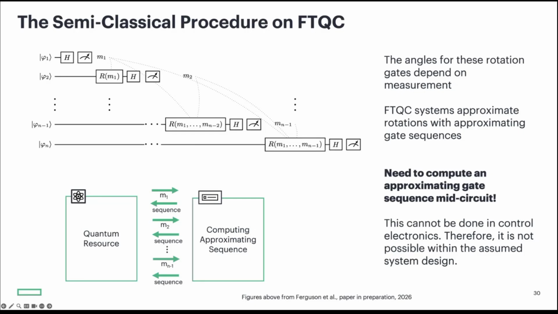We could talk about what it is, but the whole point of error correction is that we'll extend it to a couple of days or something like that, depending on what amount of error correction we apply. So it's not the same level of time scale, and I have some discussion of this later, because we're talking about the logical level rather than the physical level. So there's more time for these approximating sequences to be computed.